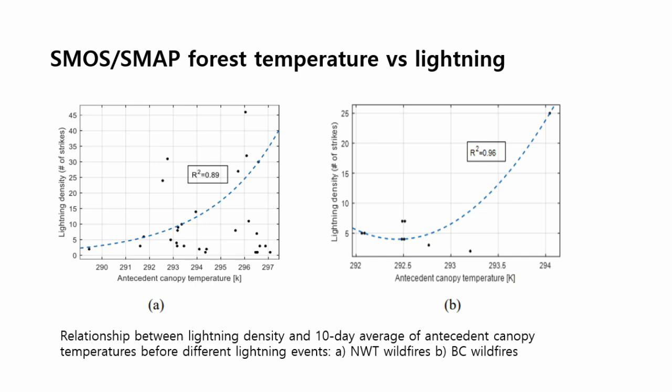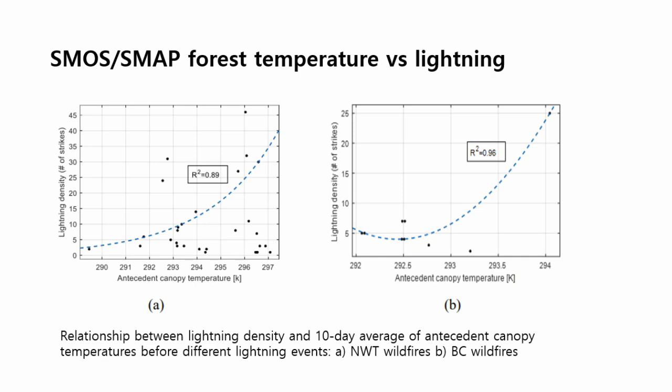And we found out that this positive relationship was stronger at a larger scale. A is actually Northwest Territory wildfires, which was the biggest one before the 2023 Canadian wildfires.